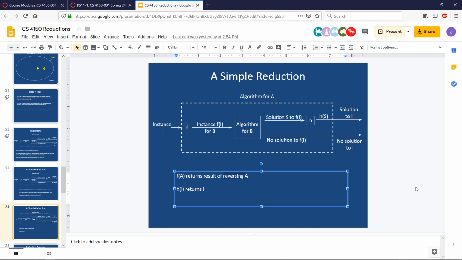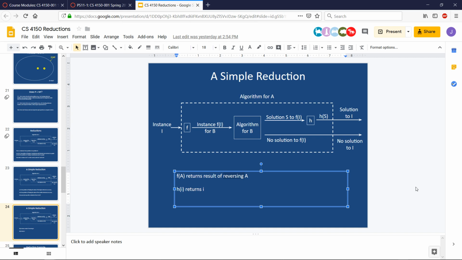Imagine if A is supposed to return the index of the largest element, and if there are multiple largest elements, it returns the one that occurs first. And let B find the smallest element, and if there's a tie, it returns the one that occurs last.